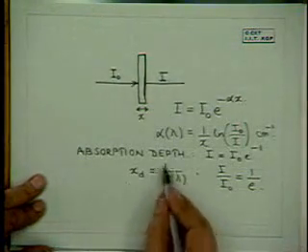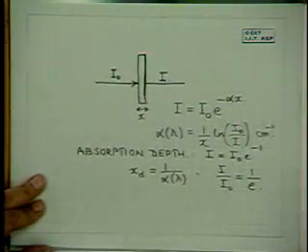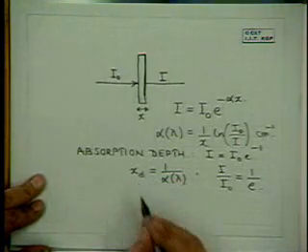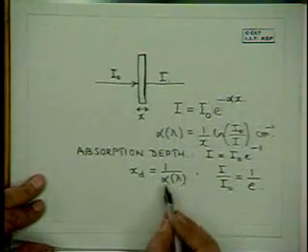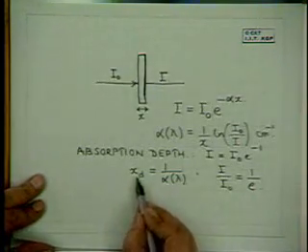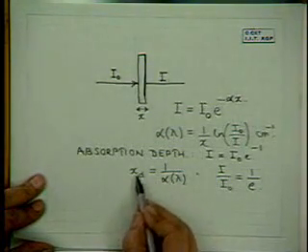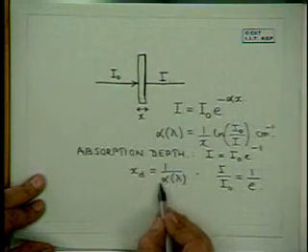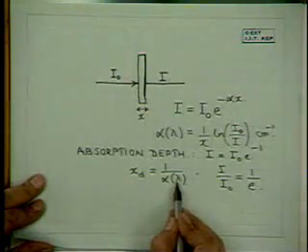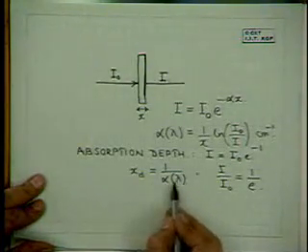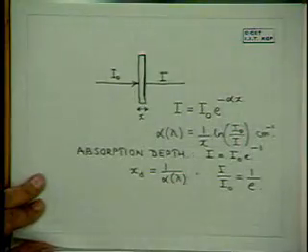So the absorption depth is an important parameter. If alpha is very large, then the absorption depth is small. If alpha is small, then the absorption depth is large. And remember, alpha is a strong function of lambda, as I've shown. So this is only valid at a particular wavelength.